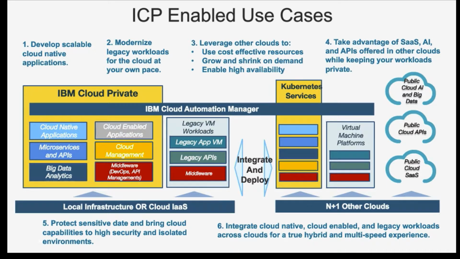Taking advantage of the services in other clouds is a big selling point of IBM Cloud Private. Say you have some information that can be connected to a network, but still must remain in your data center. We can set up IBM Cloud Private so that you can use modern applications on that data, protect that data with our security gateways, and then as you are comfortable, consume APIs and software as a service from other clouds in a very controlled manner.